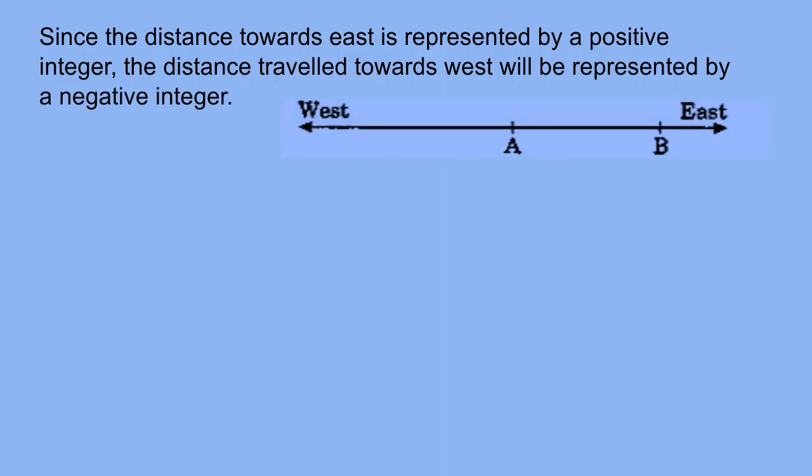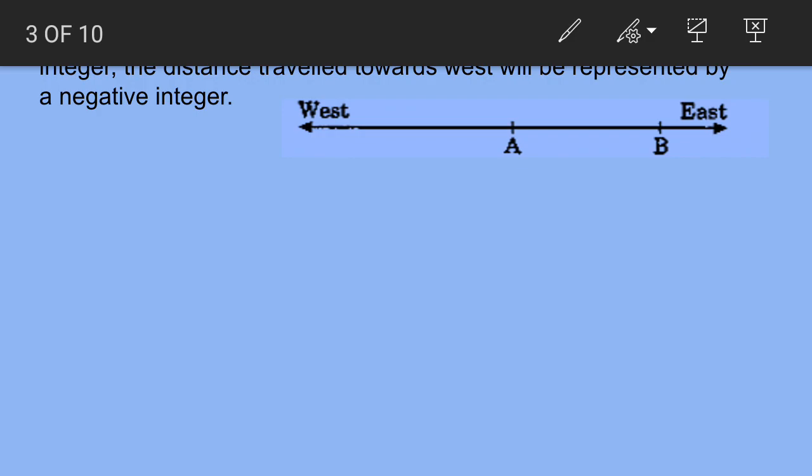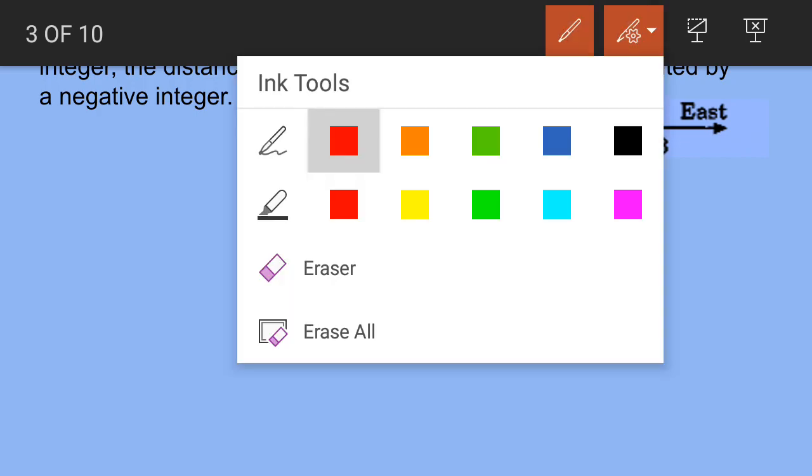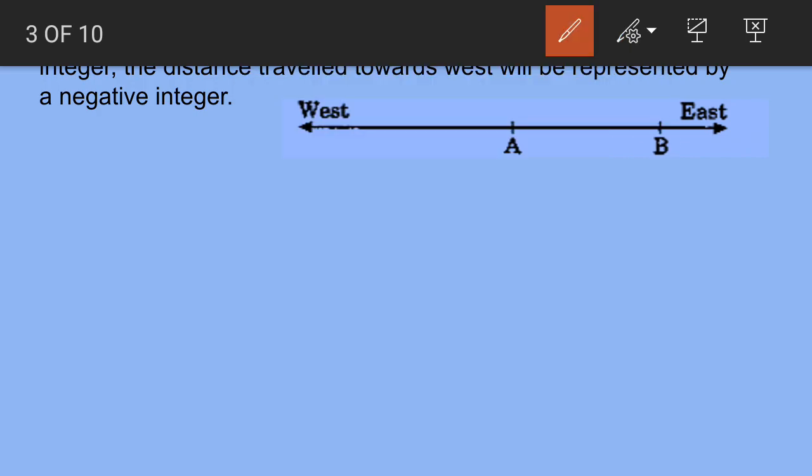This is the diagram. Rita is now in position A. She moves towards east from point A to point B 20 km.